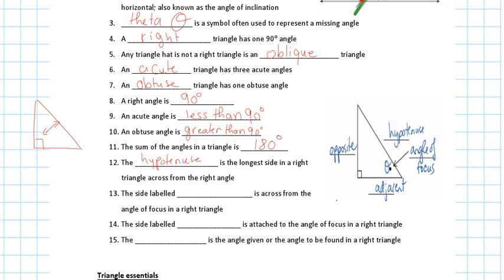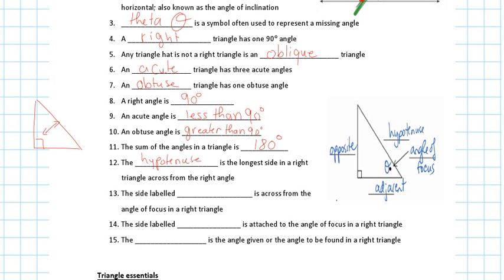Now, the 90-degree angle is never your focus angle. This is just a right angle. In a triangle you're going to have a focus angle, and that focus angle is the angle that you're looking for, or the angle that they've given you, other than the 90 degrees.